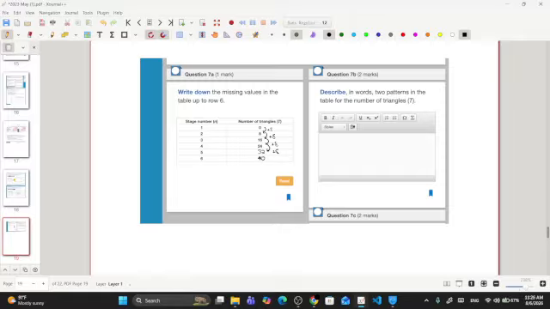Alright. Then it says, describe in words two patterns in the table for the number of triangles T. So we can say, first things first, as a term to term comparison, as the stage n increases by 1, number of triangles increase by 8.